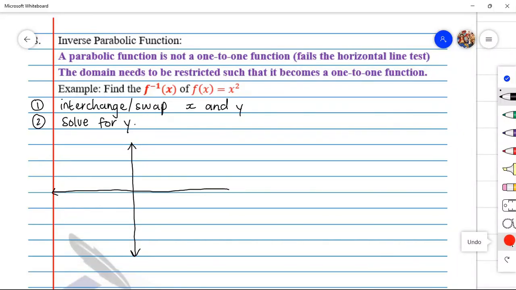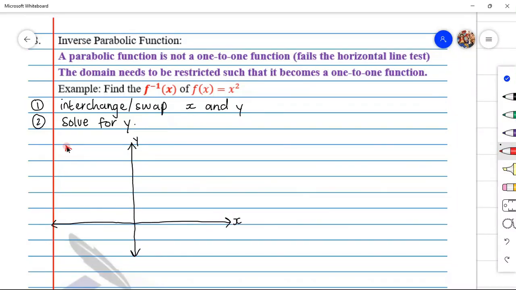Let's make this slightly lower. So let's make our axis here. So this is our parabolic function, x squared. And it has a turning point, an x-intercept, and a y-intercept at the origin.